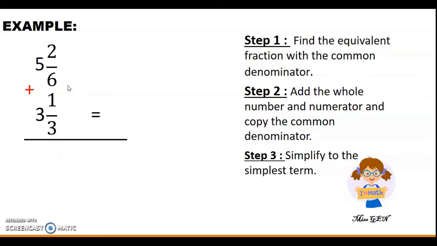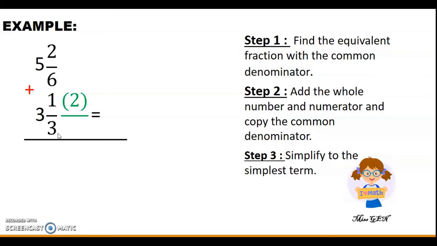Our denominators here are 6 and 3 and they are not the same. So let's follow the steps. Step 1, find the equivalent fraction with a common denominator. So here we have denominators of 6 and 3. So we will find the equivalent fraction that will give us a common denominator.